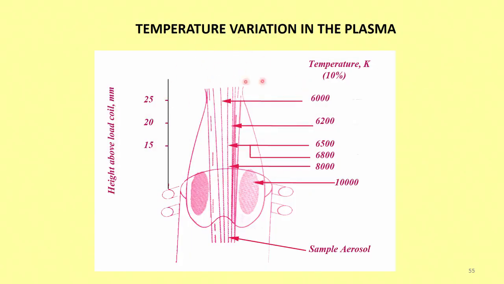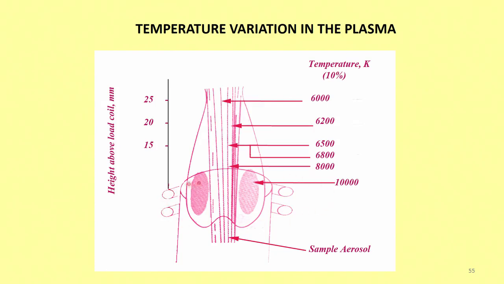So, this is how the temperature varies in the plasma. What do we see here? We have the concentric tubes here. This is the plasma height above the load coil, these are the load coils. Here you can see 2 round circles where my pointer is and another there.